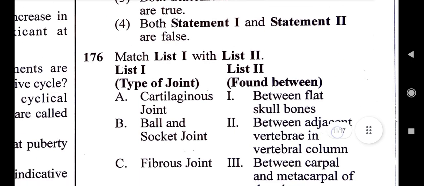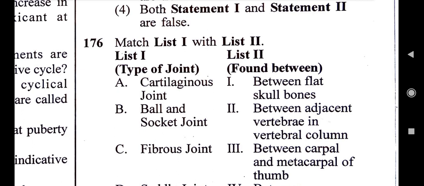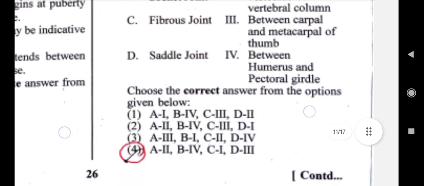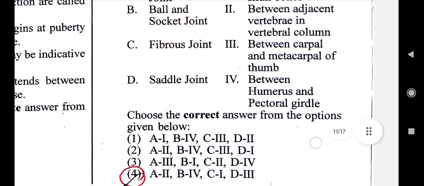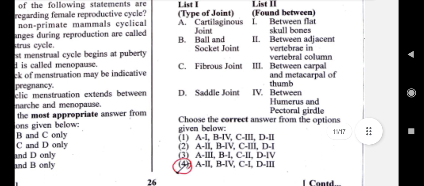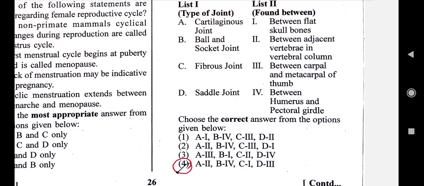Question number 176, match list 1 with list 2. Type of joint and where it is found. Option 4 is the correct option. A, cartilaginous joint is matching with 2, between adjacent vertebrae in vertebral column.